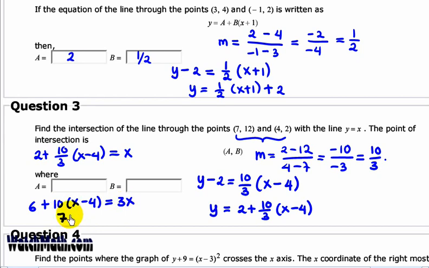If we subtract 3x from both sides, we get 7x on the left hand side and 0 on the right hand side. And here negative 40 plus 6 will be negative 34, so 7x equals 34. If we solve for x, we have x equal to 34 over 7.